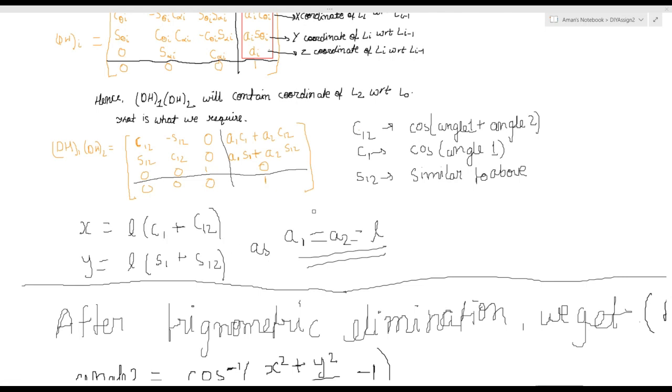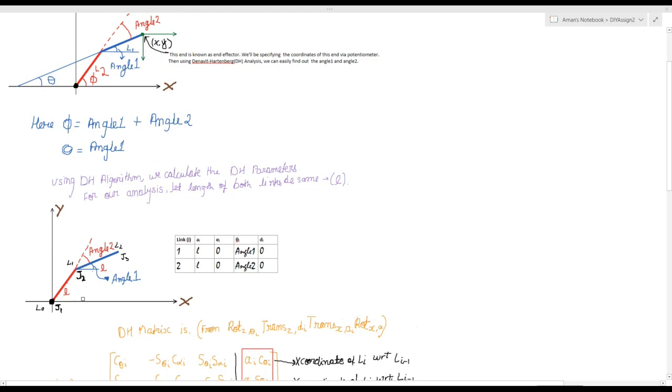Here C12 represents cos of angle 1 plus angle 2, C1 represents cos of angle 1, S12 represents sine of angle 1 plus angle 2, and so on. During our analysis, I have taken a special case A1 equal to A2 equal to L. That ensures that the lengths of these links are always equal.